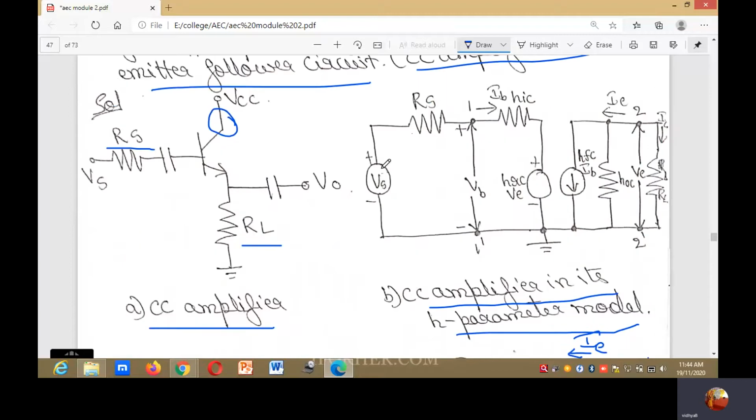Here Vs is the source voltage, Rs, HIC into IB, where IB is the current flowing. Then HRC into VE, HFC into IB, HOC, VE is the voltage across the emitter, and IL, RL, and IE.